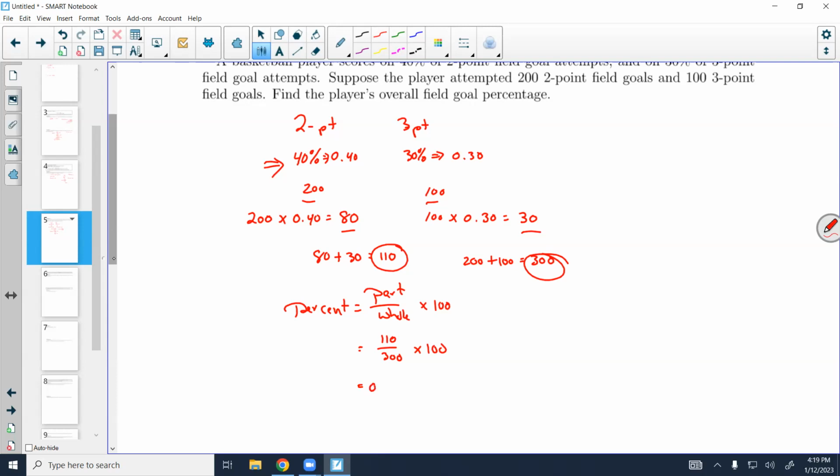Here I get 0.36666 repeating times 100 is, and we'll go, 36.67%. I would say try to give me at least 2 decimal places unless it says otherwise. Any questions on this one?